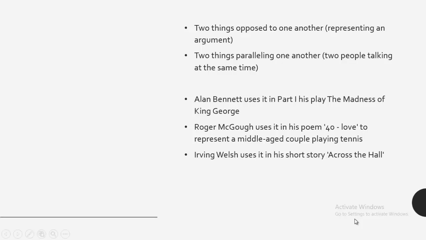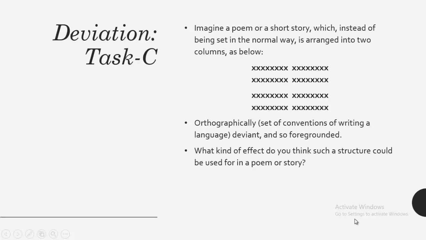Again, in the third example, there is a short story, Across the Hall, written by Irvine Welsh, and he uses this column form in his short story to represent two people, a boy and a girl who live in adjacent rooms.